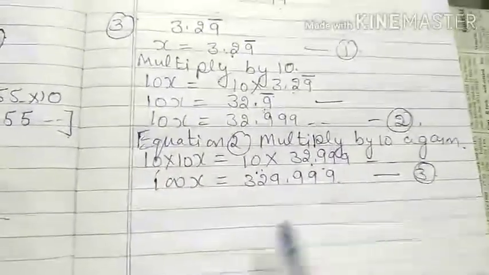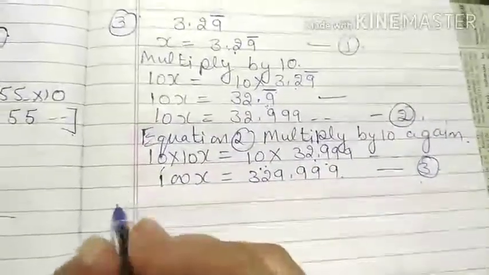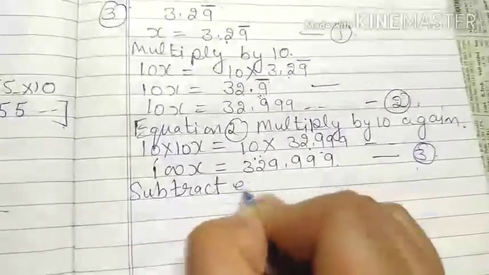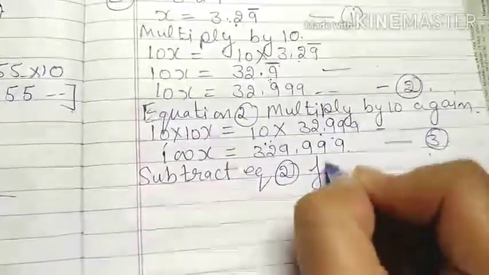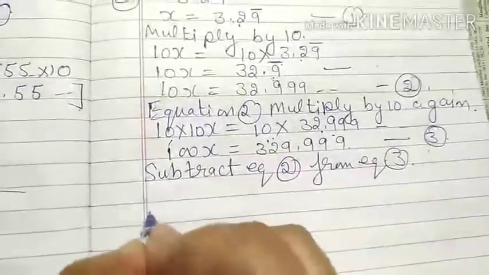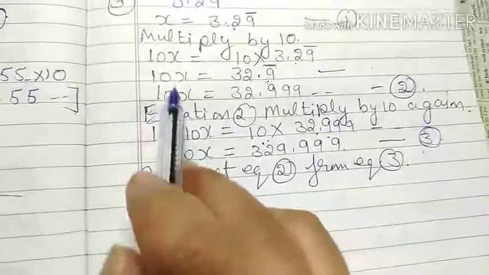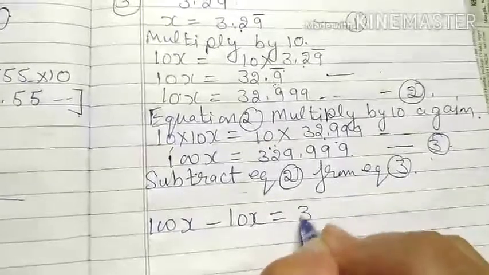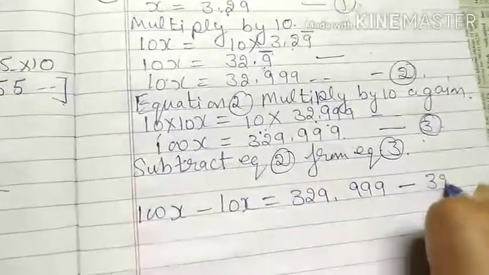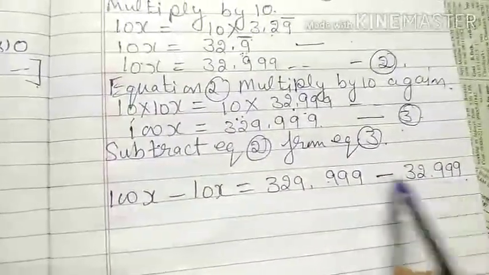Now what do you do next? Now you have to subtract equation 2 from equation 3, that is 100x minus 10x, because this is 100x, this is 10x. Here 329.999 minus 32.999. Now the decimal part in both cases is the same.